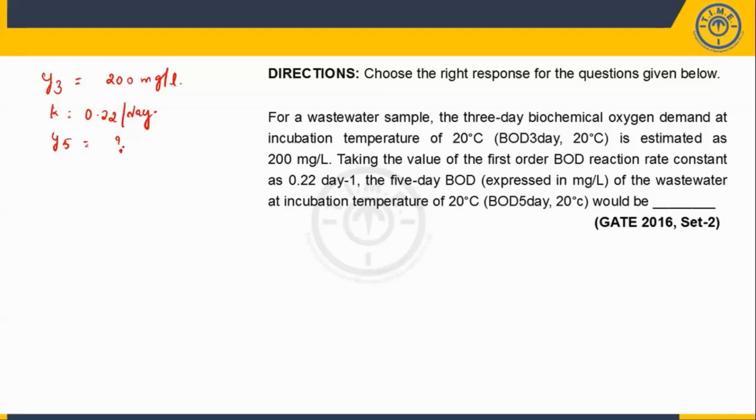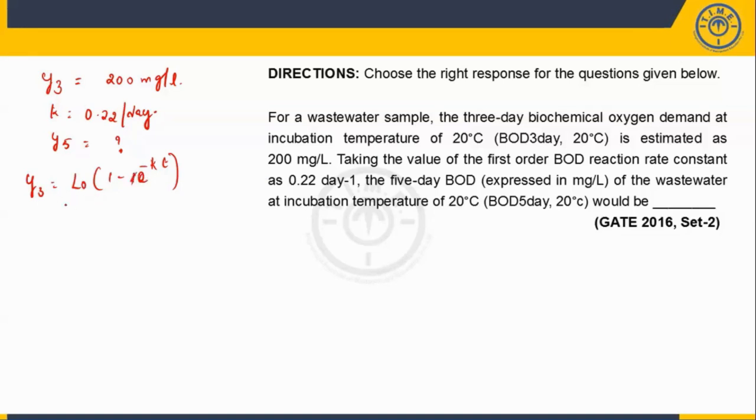Can you do this? I'll help you in this. Y3 equals L naught into 1 minus 10 power minus kt. Why 10 power minus kt? I'll tell you. Or else do one thing. Don't get confused. Take e power minus kt itself.